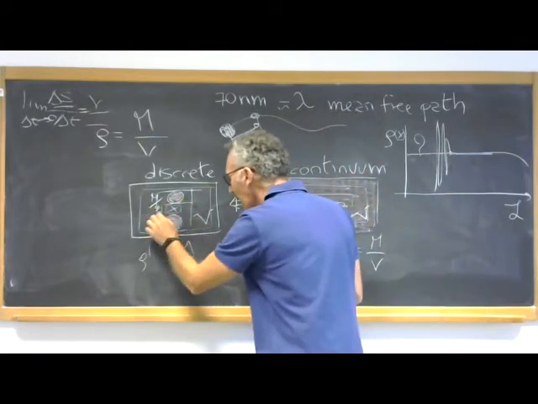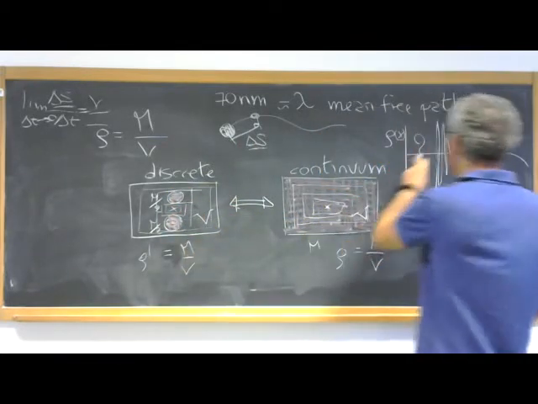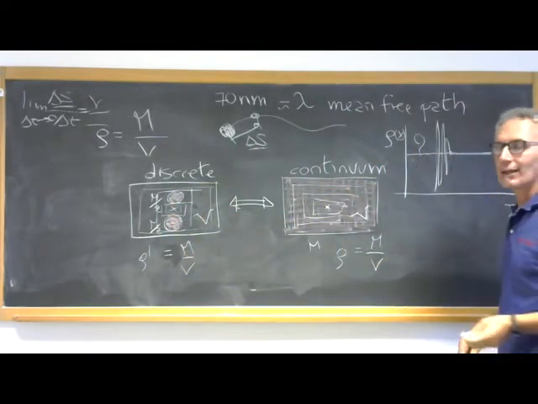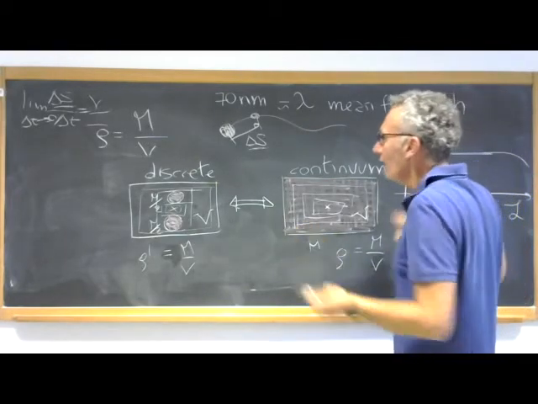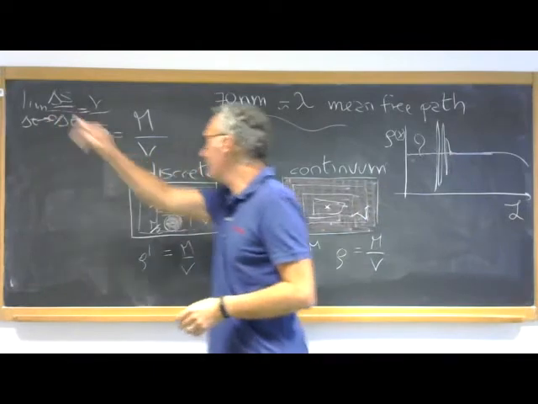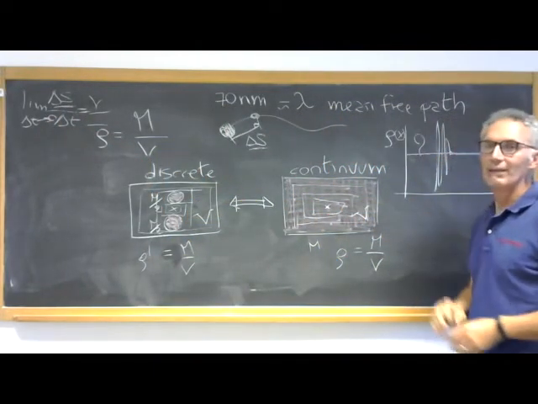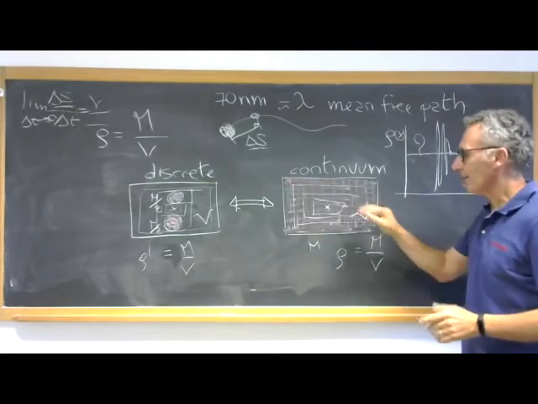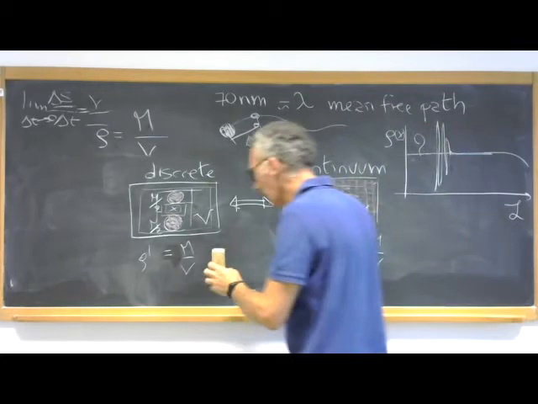By the time I take such a small volume that I have no bolts anymore, I drop into this region where the quantity is undefined. And so I could not make any limit within this context, while I can have a limit, any limit, in this context. So it seems we have solved the problem.